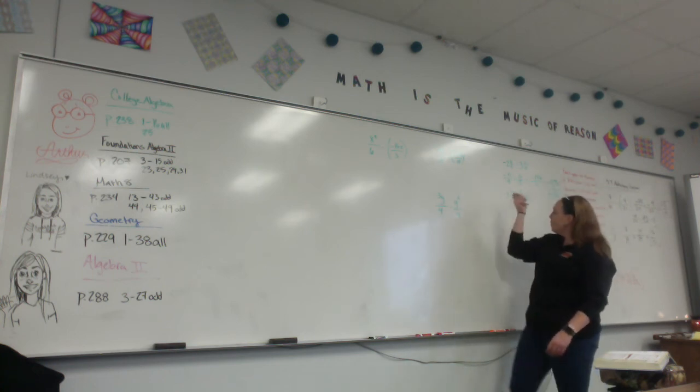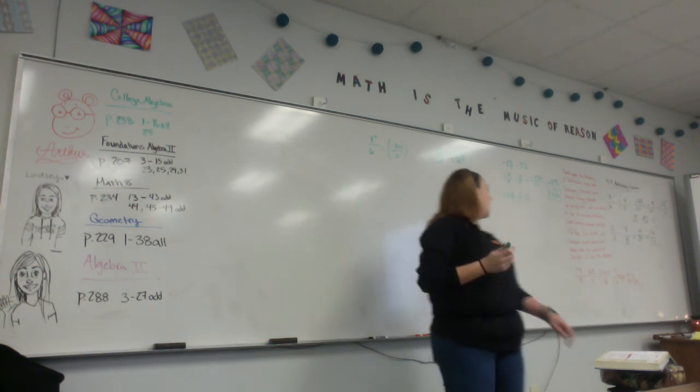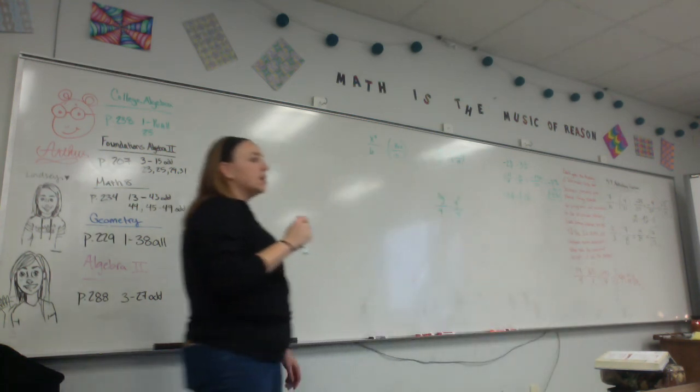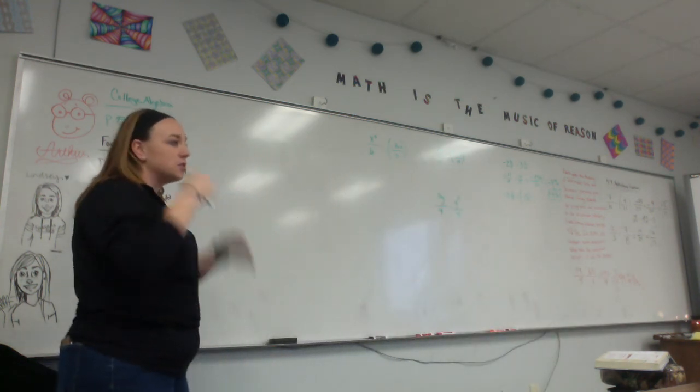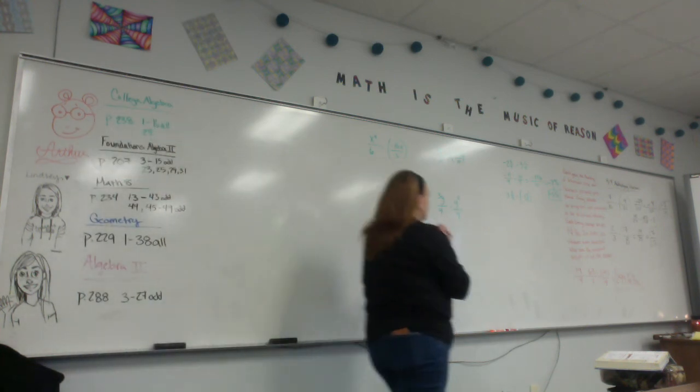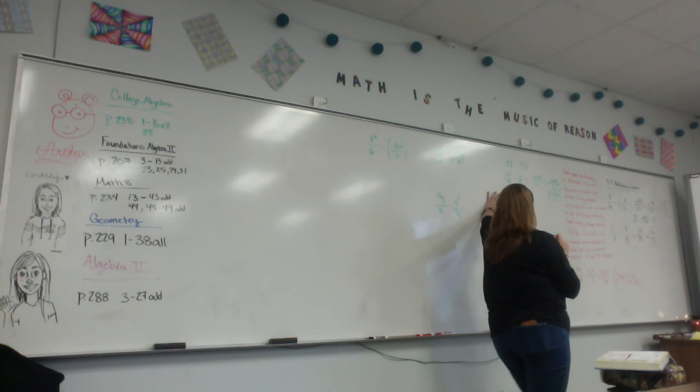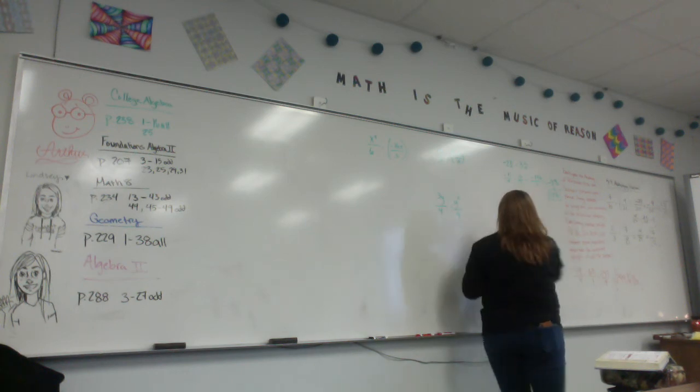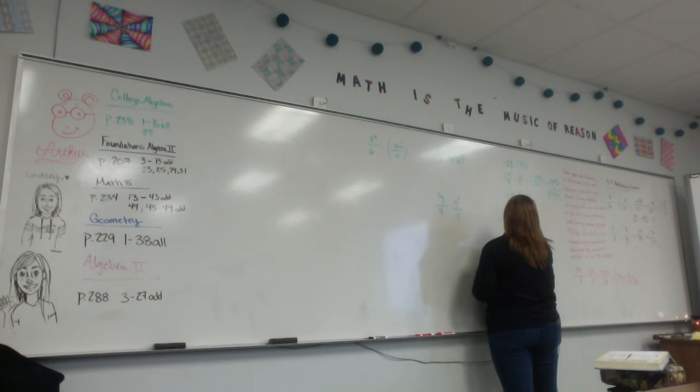Now, -3 3/5 times -1 and 5/9. Sydney, what do you think we do first? Turn the mixed numbers into improper fractions. How do I turn -3 and 3/5 into an improper fraction? -18 over 5.